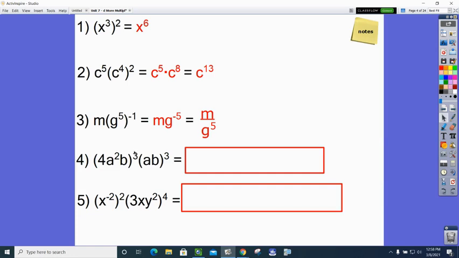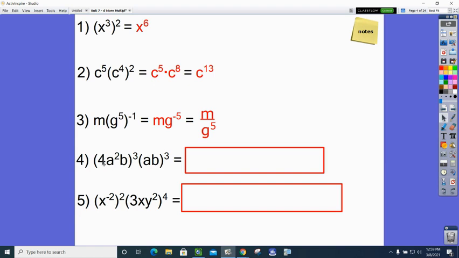So remember I said it's like we're going to distribute this outside exponent to everybody in the group. So who's going to get the 3rd power? The 4 is going to get the 3rd power. The a to the 2nd is going to get the 3rd power. And the b to the invisible 1 is going to get the 3rd power.